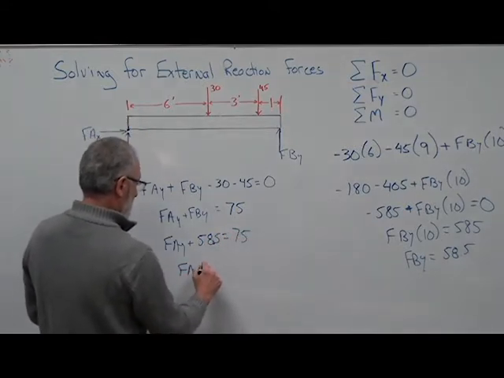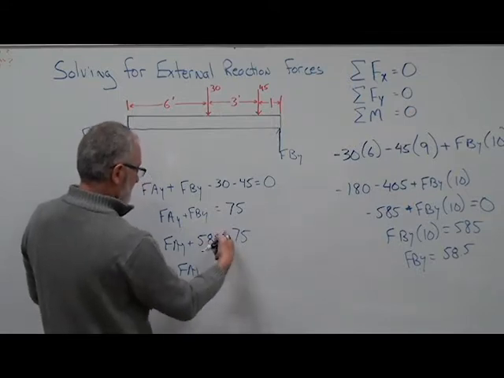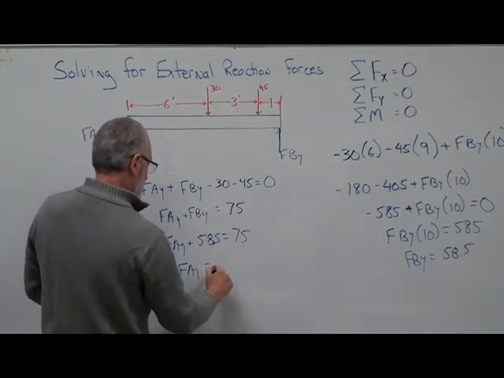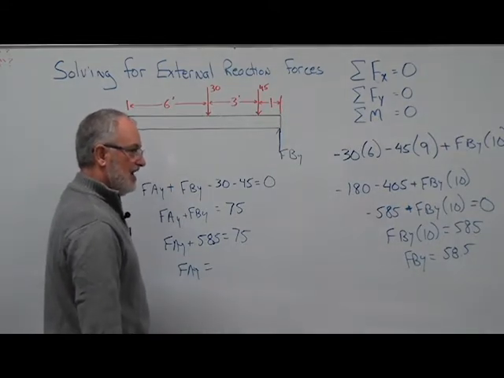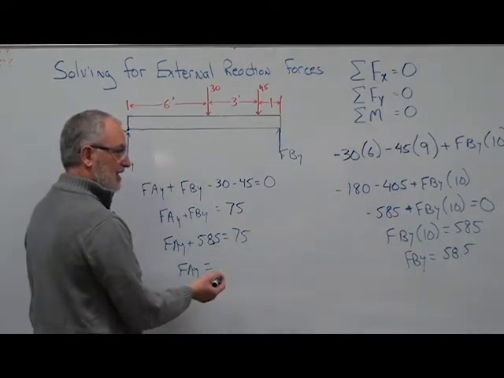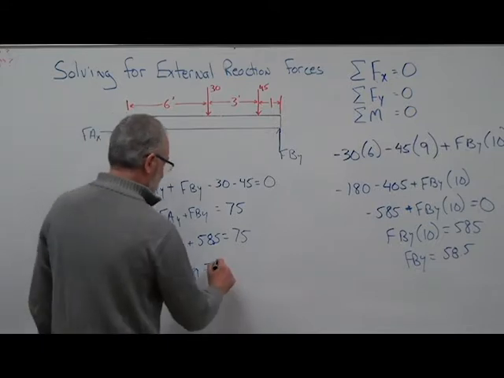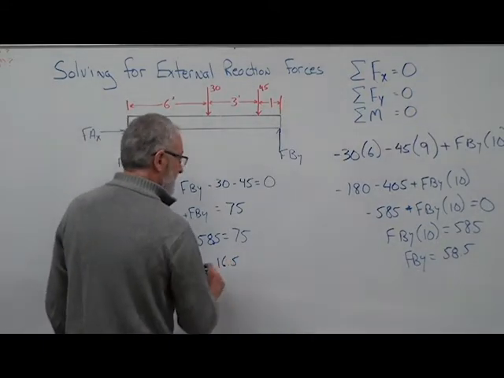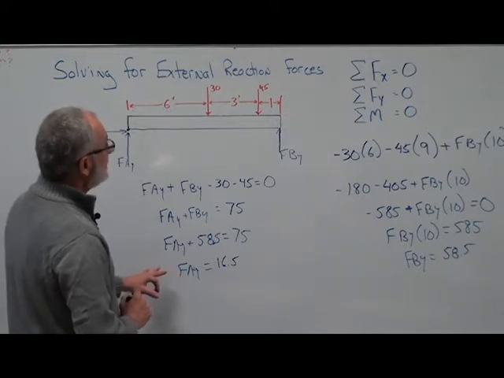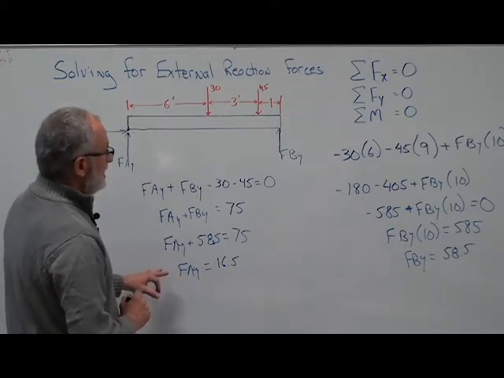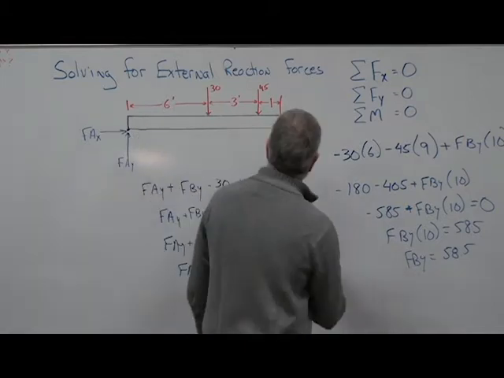FAY, minus the 58.5 on both sides. 75 minus 58.5 is 16.5.